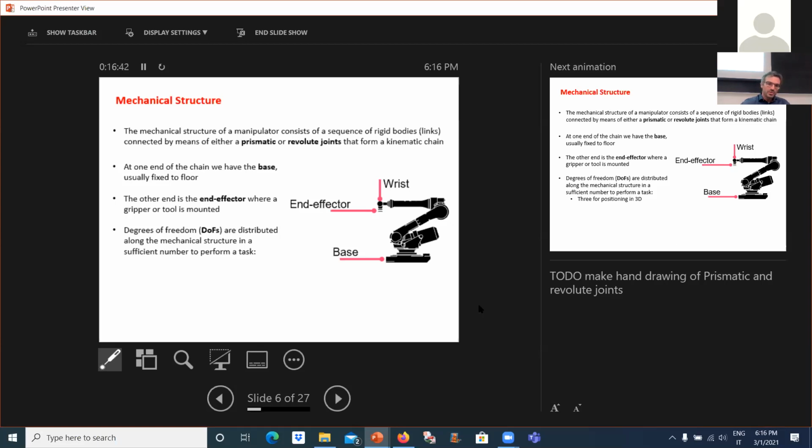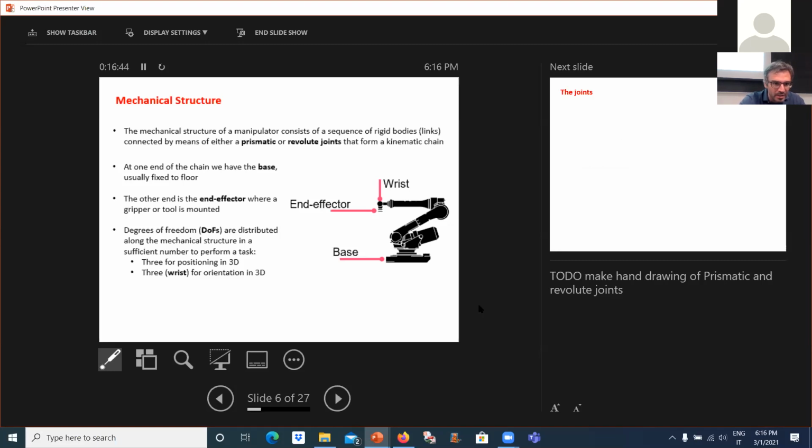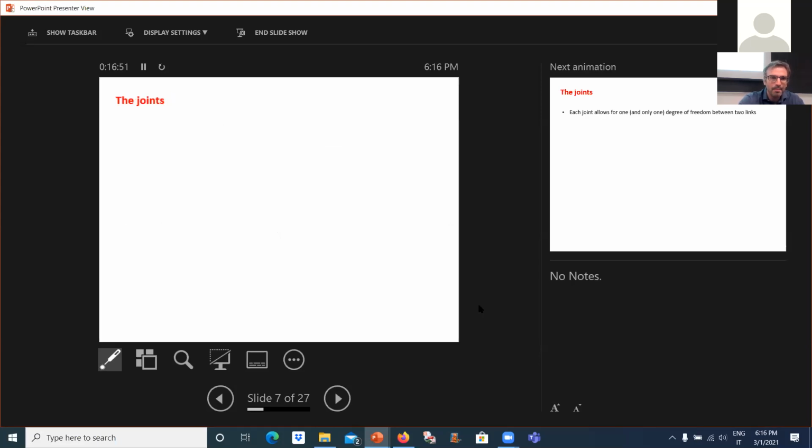And both position and orientation, 6 at least. Okay. So why would we like to have 7 degrees of freedom robots? Why are most of the industrial robots 7 degrees of freedom and not 6?